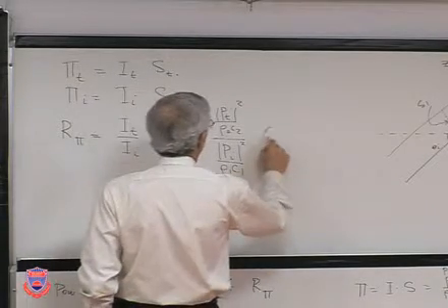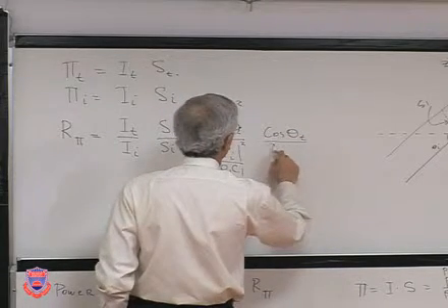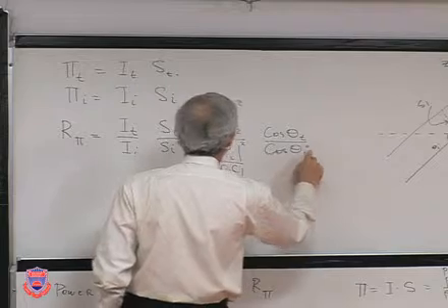That would be cosine theta t over cosine theta I.